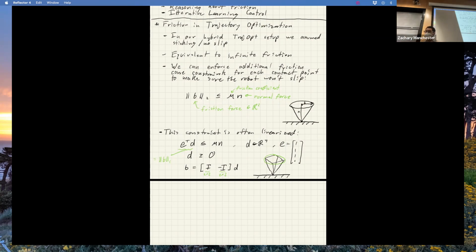I have this D vector, which is twice as big as the original B. What I basically did was say D has to be positive, all the elements of D have to be positive, and I want to use it to represent the same friction vector. The last line shows that the positive components of B go in the first 2 elements, and the negative components of B go in the last 2 elements.